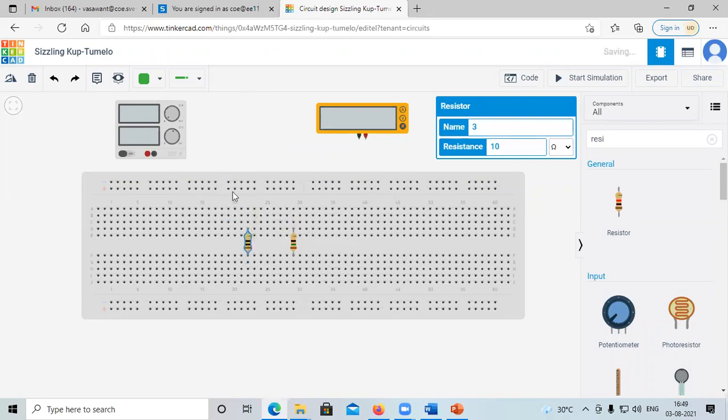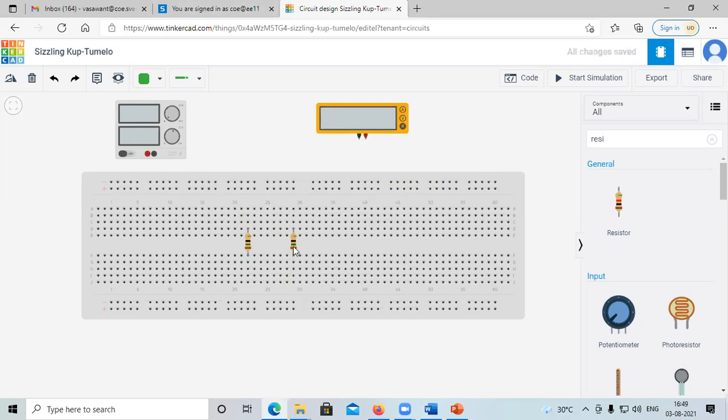These 2 resistors are connected in parallel, and one current source is applied here. So the value of RTH किती आली? RN ची 11. Just select this value, 11 ohm.